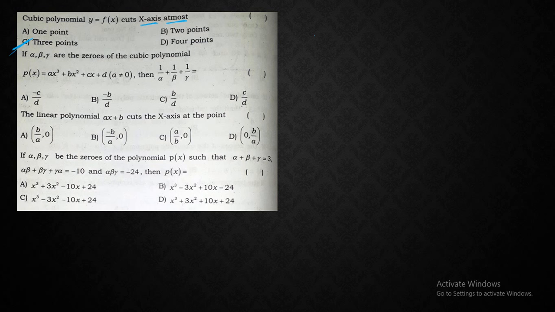Next, moving on to one more question. The given polynomial is ax cube plus bx square plus cx plus d, and he is asking you to find the sum of reciprocals of the zeros. If I take LCM, the LCM is alpha beta gamma. In the numerator, you are going to get alpha beta plus beta gamma plus gamma alpha. This is nothing but the sum of product of zeros taken 2 at a time, right?